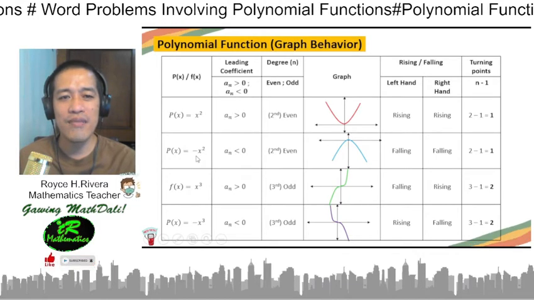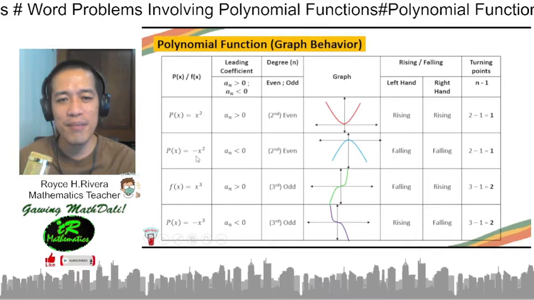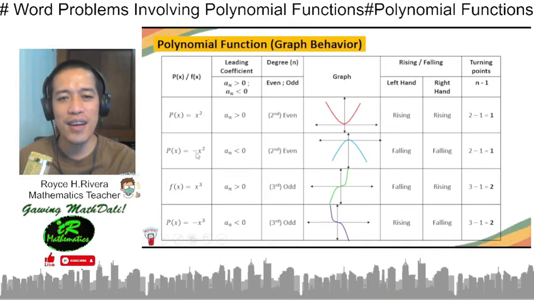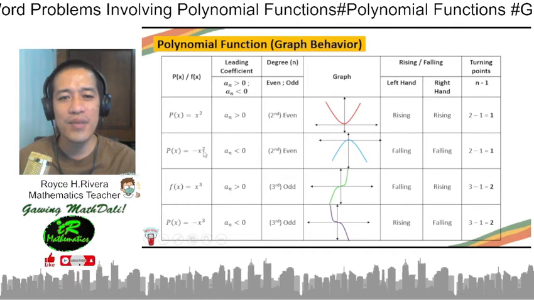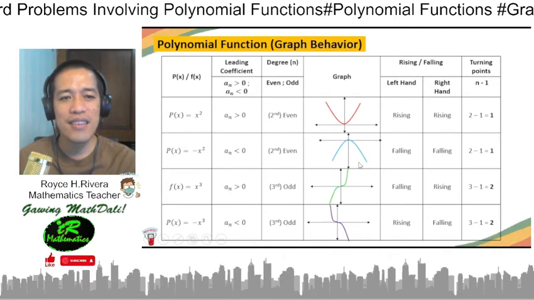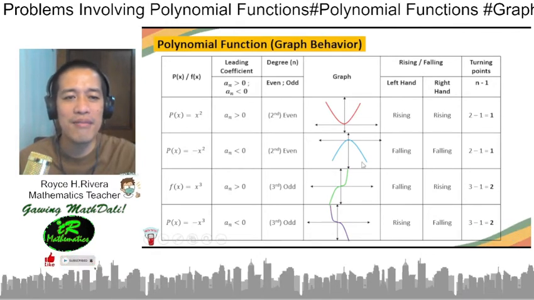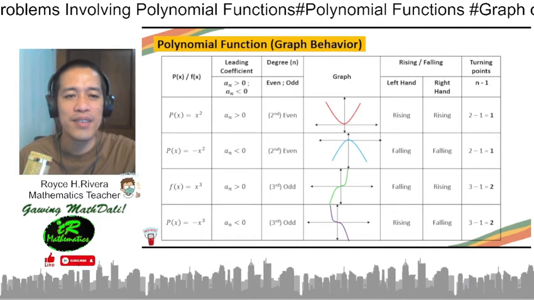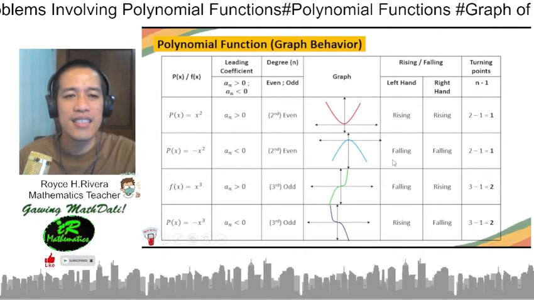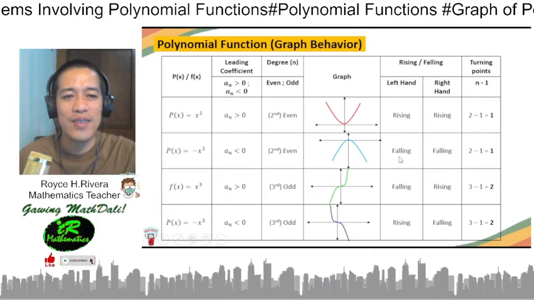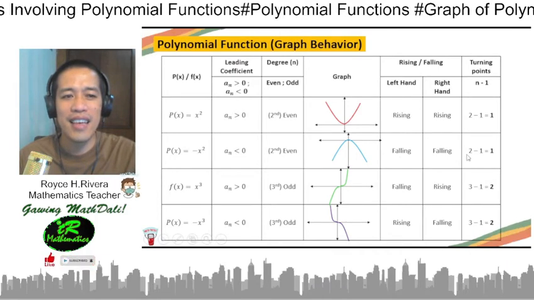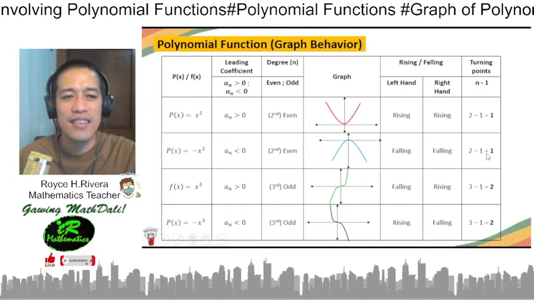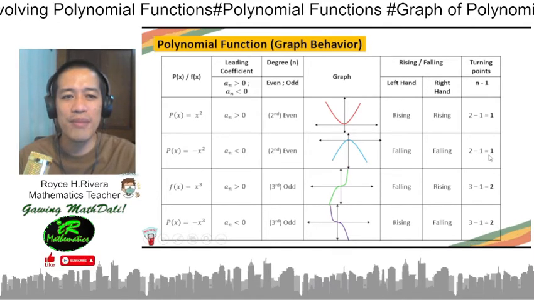The leading coefficient of the given polynomial is negative 1 and the degree is the second degree, which is even. The behavior of the graph of this polynomial function is falling to the left and falling to the right, and it has one turning point.